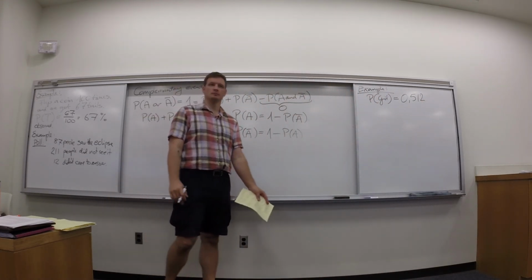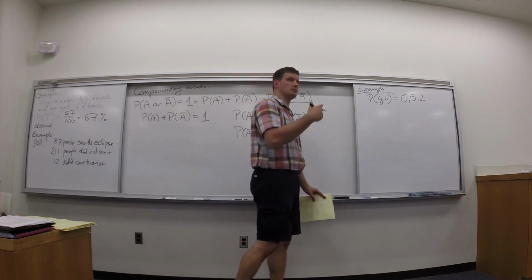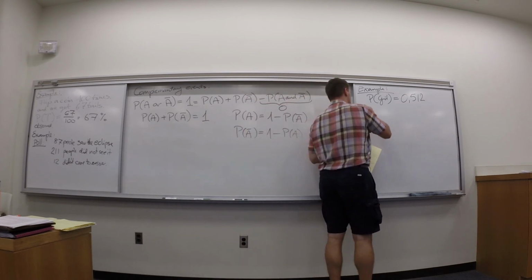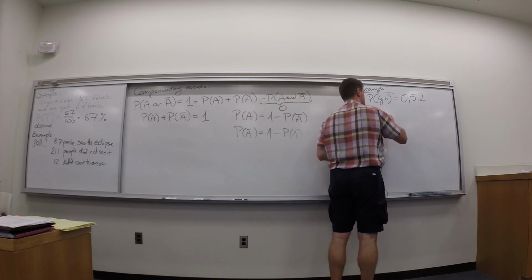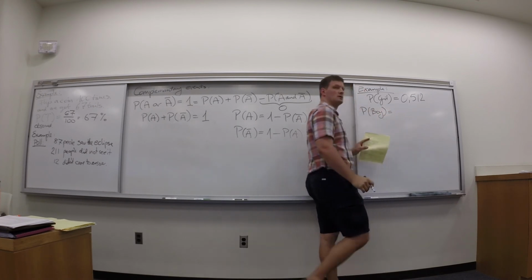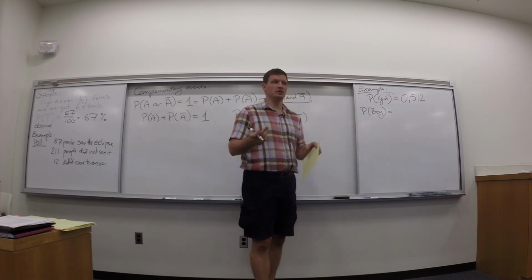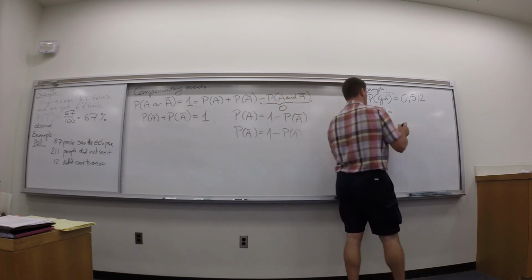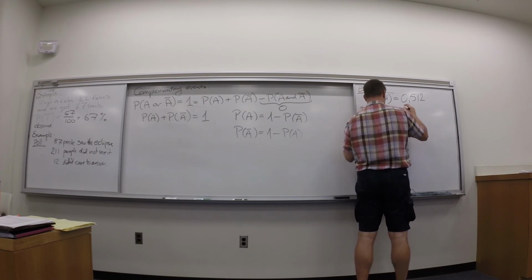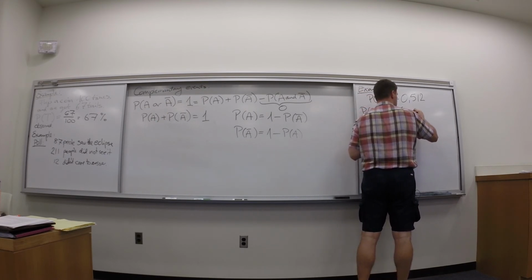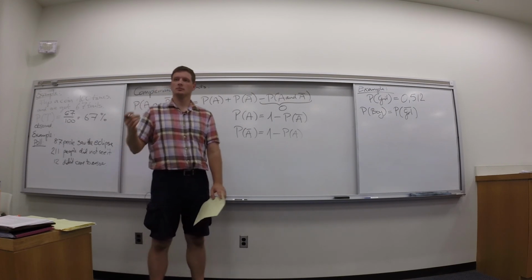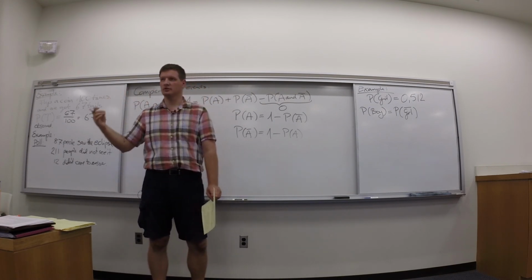We've been measuring things around hospitals, and girls are born more often than boys. So what's the probability of a boy? Well, the probability of a boy and the probability of a girl are complements of each other. They're mutually exclusive. So the probability of a boy is the complement of the probability of the girl.